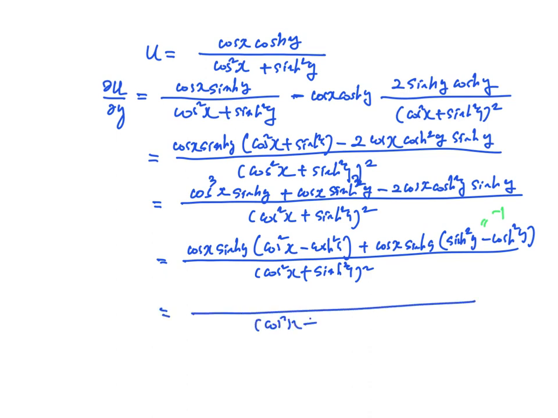Cosine square x plus sine hyperbolic square y square, cosine x sine hyperbolic square y. We have cosine square x minus, this is a cosine hyperbolic square y minus 1.